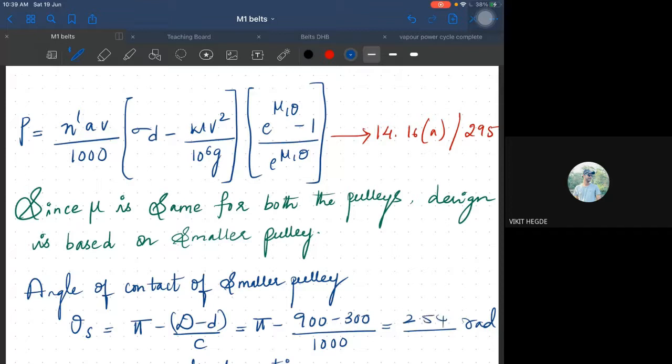Now, next, immediately you have to calculate mu1. Remember, for the V belt, it would be mu1, not just mu. So, apparent value of friction.